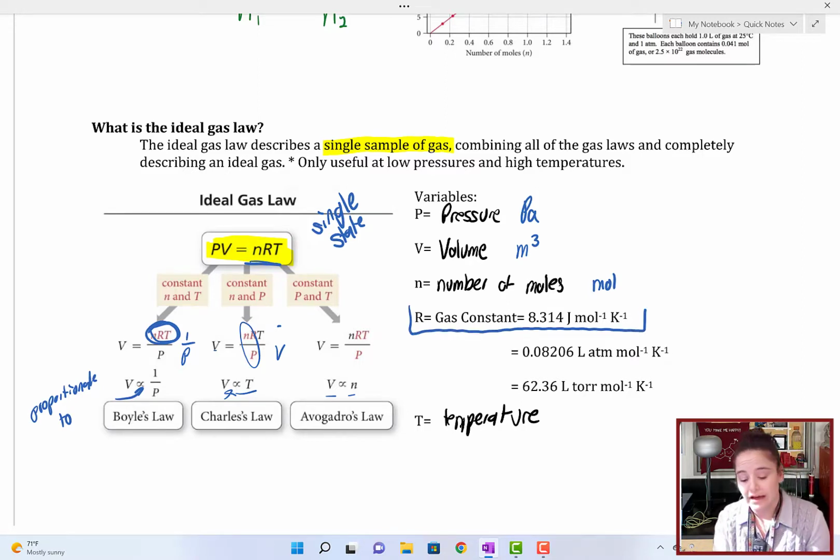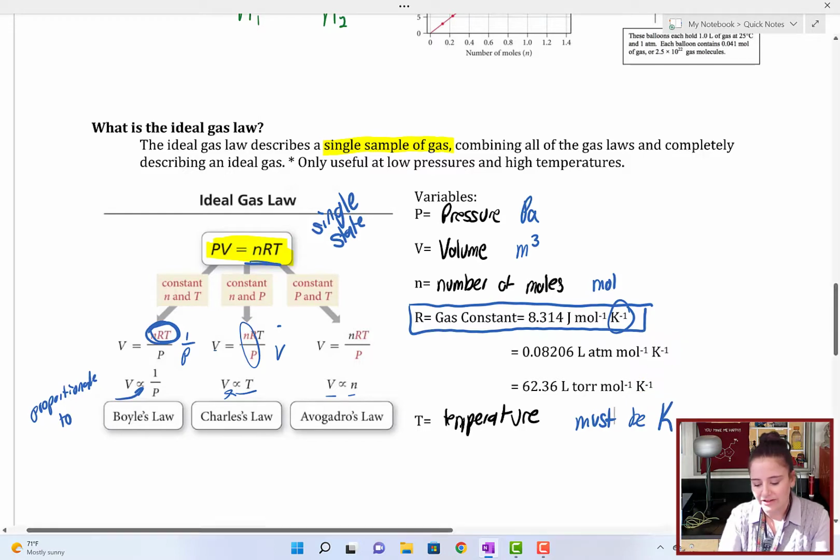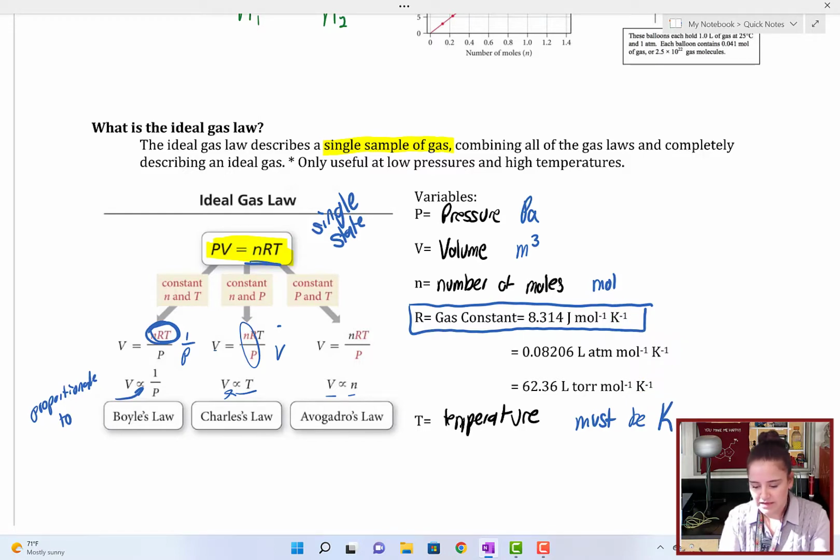Number of moles doesn't really have a unit, it's just moles. For the gas constant, 8.314 joules per mole Kelvin, the energy version of it, is the one we're going to use most often. And for temperature, it must be Kelvin, because our gas constants are all in Kelvin. So temperature must be in Kelvin.